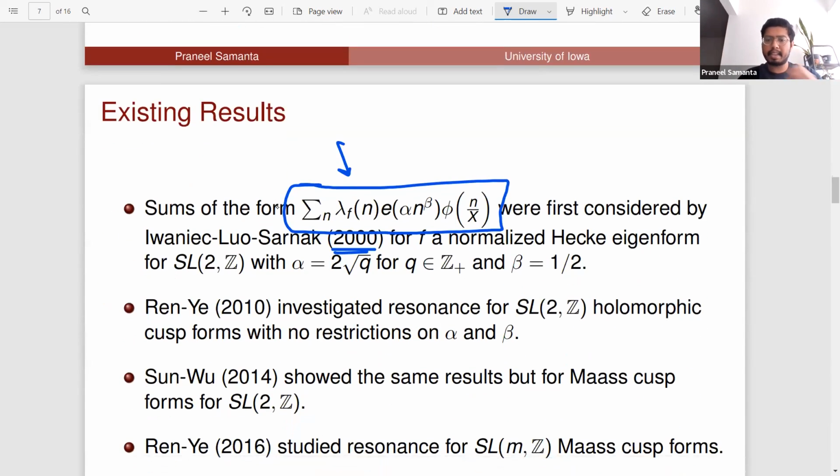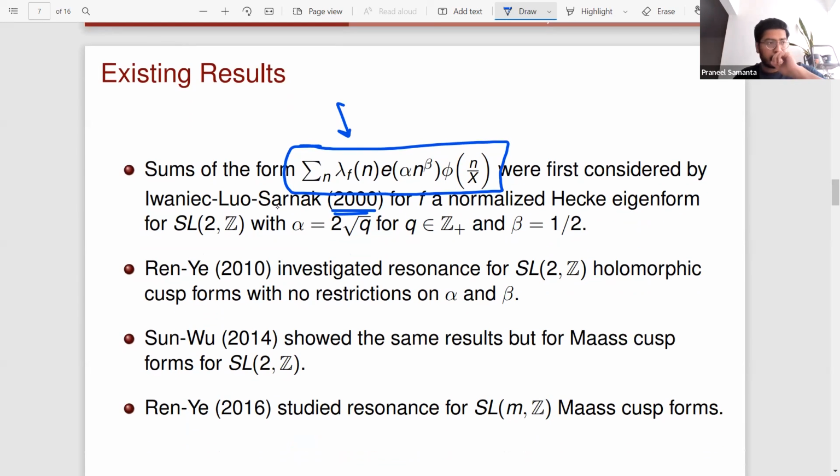And this f that they considered was a normalized Hecke eigenform, and they studied this when alpha was 2 square root of q and beta was 1/2, where q is a natural number.